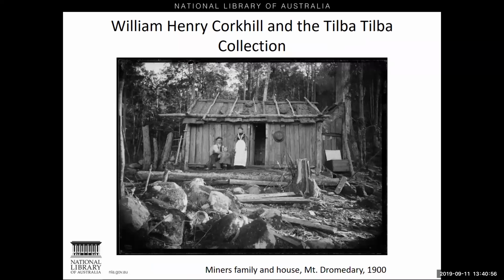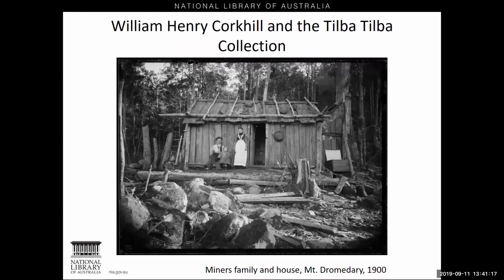Another interesting historical collection is the William Henry Corkhill Tilba collection, which is a favourite of mine and a great example of one of the unique personal collections we hold. William Henry Corkhill was an accountant, cheesemaker and farm manager who decided in 1890 to become a photographer.